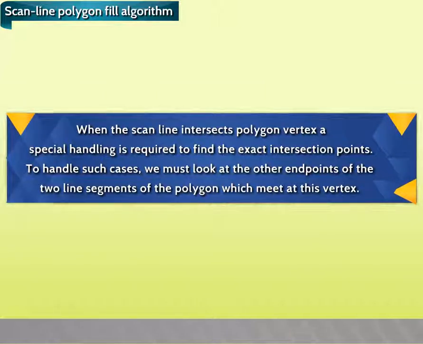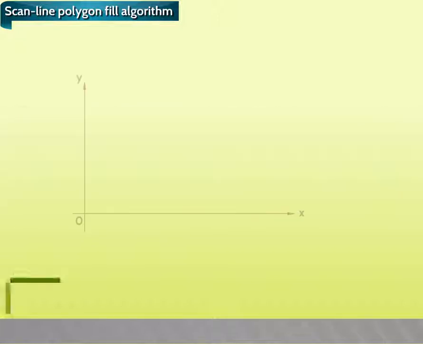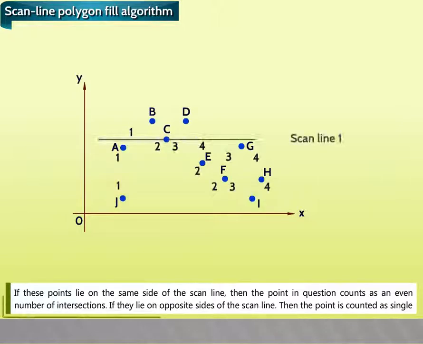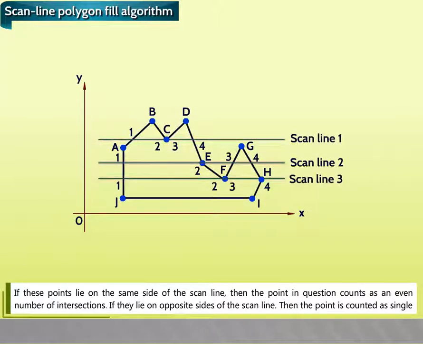To handle such cases, we must look at the other endpoints of the two line segments of the polygon which meet at this vertex. If these points lie on the same side of the scanline, then the point in question counts as an even number of intersections. If they lie on opposite sides of the scanline, then the point is counted as a single intersection.